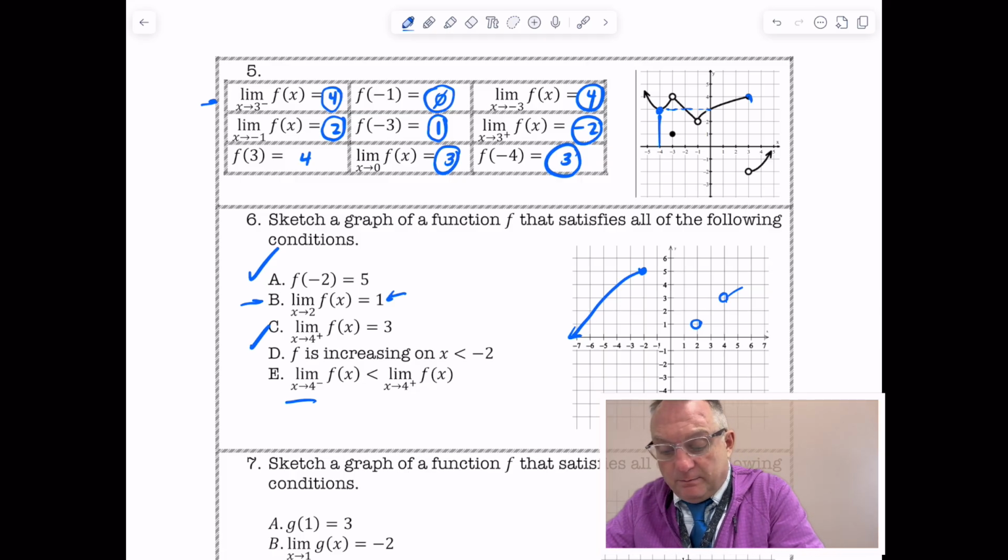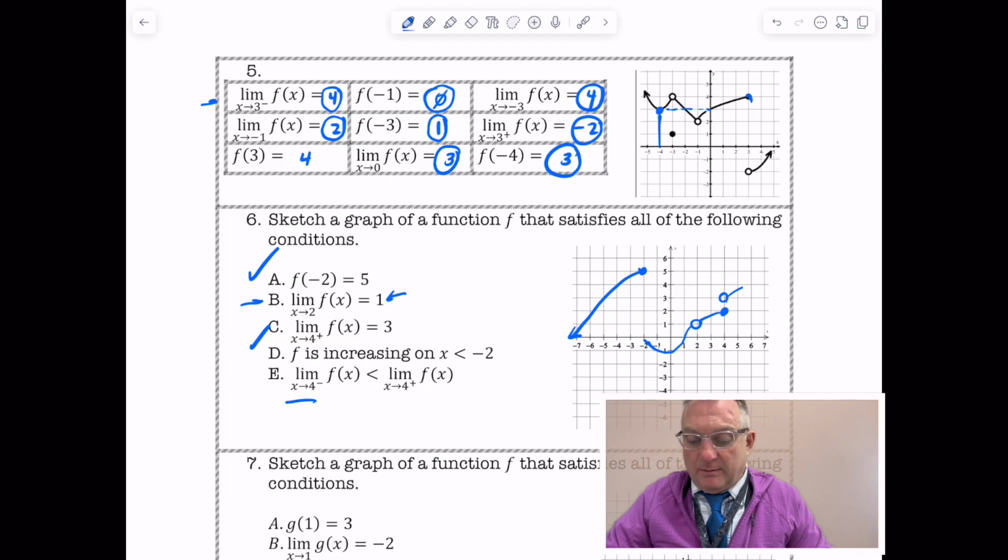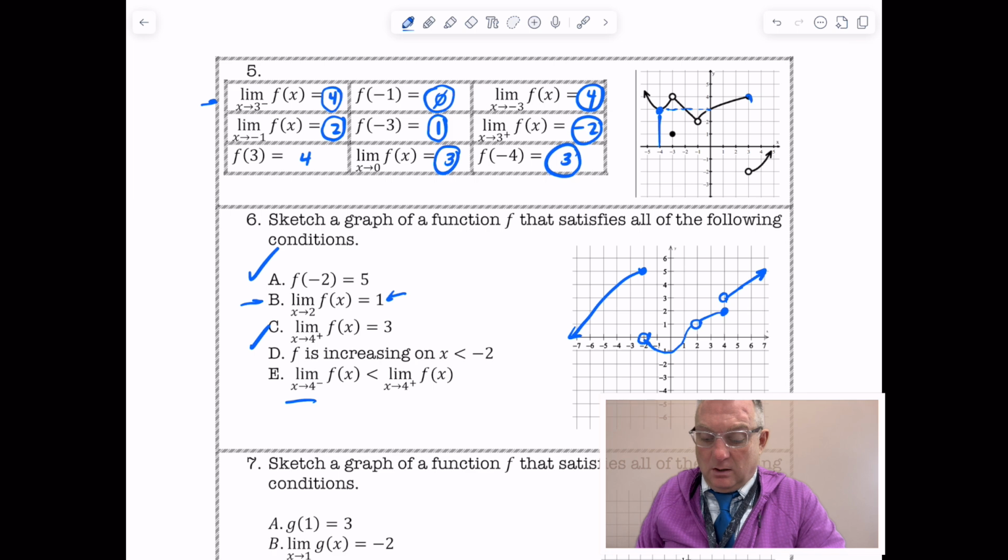Okay? So I'm going to make another point below that one and have it connect off of it and then touch that open circle. And then I might just do something like that. And then I'm just going to do this. And again, it didn't have to be increasing that way, but that meets all the requirements.